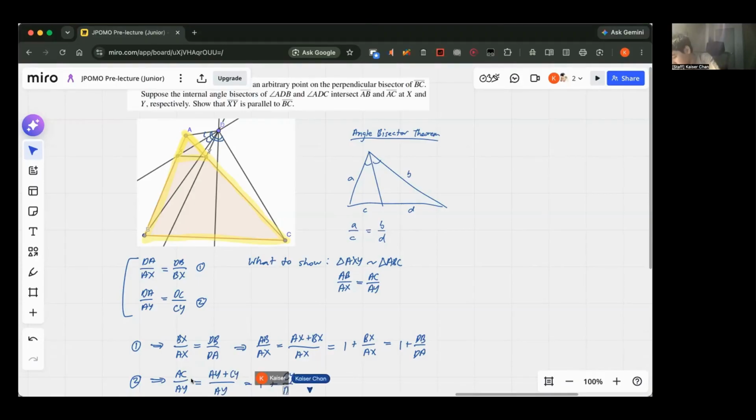And that's the same as 1 plus DC over DA. Yeah, and similarly, you can also do this analogously. That would also work.